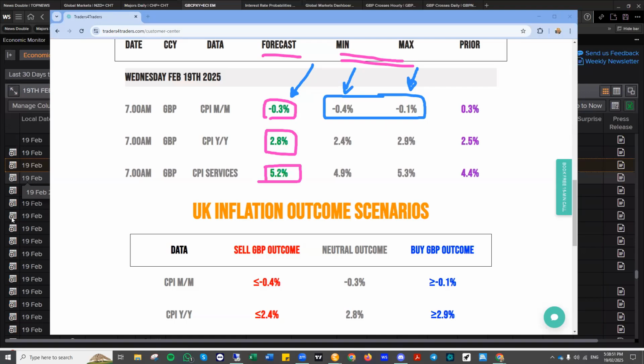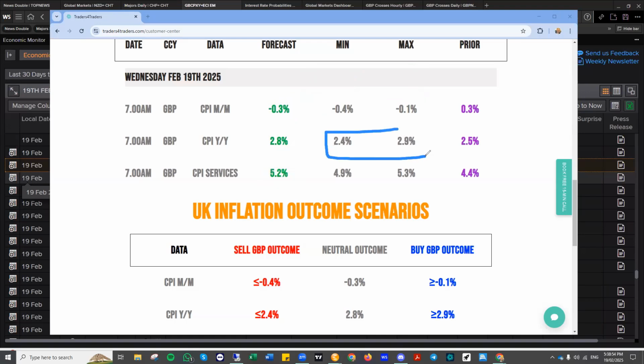And that goes for, obviously, I'd say the two more important ones, the CPI year on year and the services data, right? So ideally, and this is where the non-farms come in a mess. We're looking for this. That's the expectation. Say we get a higher print on the CPI year on year, right? It's above 2.9. And that's what we're looking for. And that's a really strong buy signal.